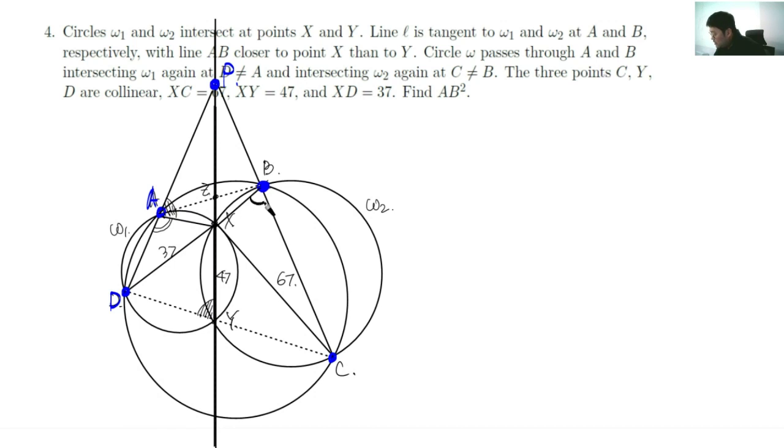We get some angle out there and some angle out there, and they sum to 180. These are opposite angles of a cyclic quadrilateral. So you see that A and B are in fact forming 180, so there must be a circle out there.